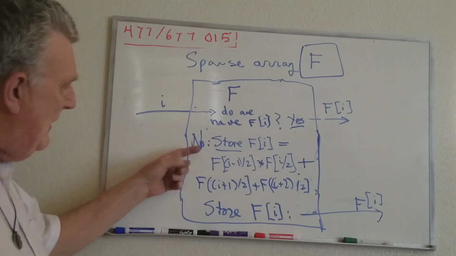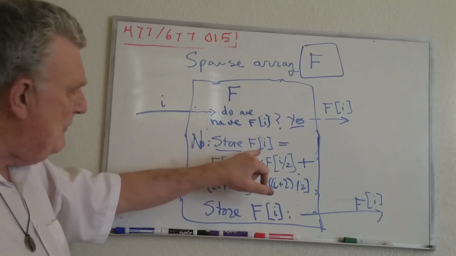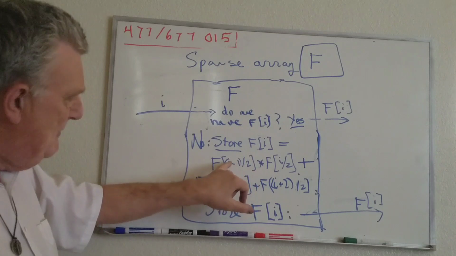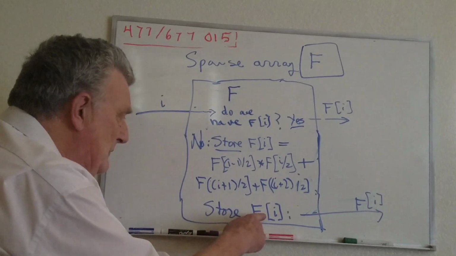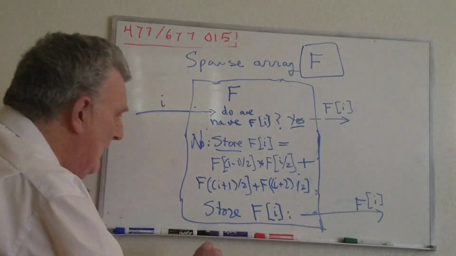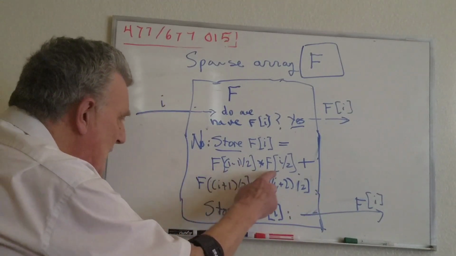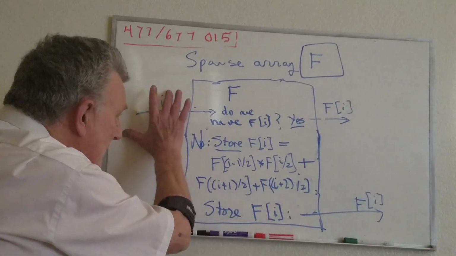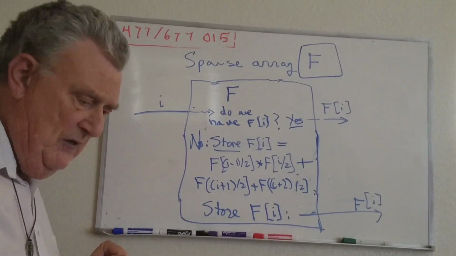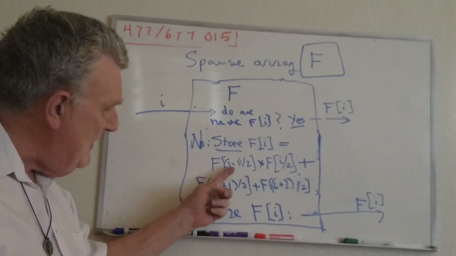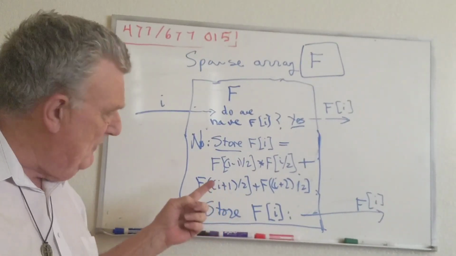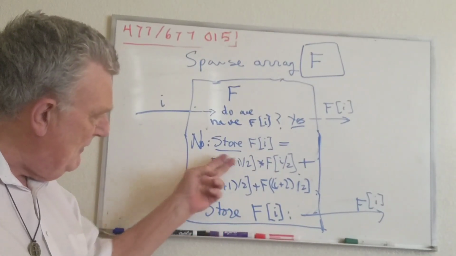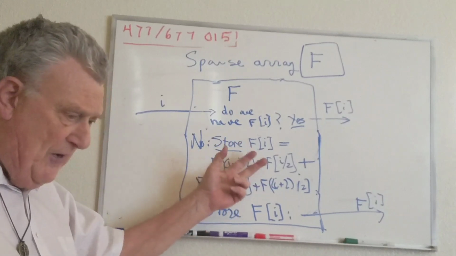But otherwise, we compute f of i to be this formula, and then we store that value, and then we return that value. Now, of course, each of these is a recursive call to the same function. But if any of these have already been computed, they don't have to be recomputed. So it could be that each of these takes just finitely many steps.